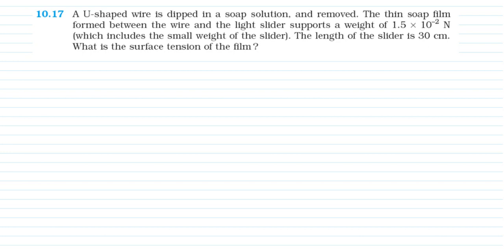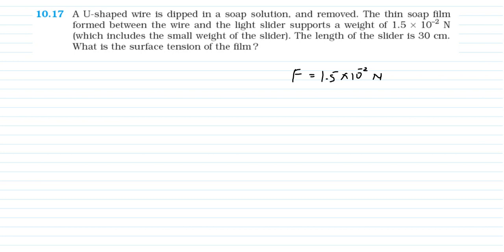A U-shaped wire is dipped in a soap solution and removed. The thin soap film formed between the wire and the light slider supports a weight, that is F, 1.5 into 10 raised to minus 2 Newton, which includes a small weight of the slider.